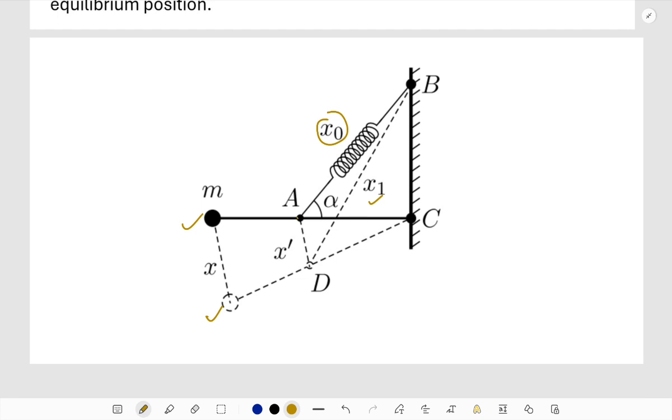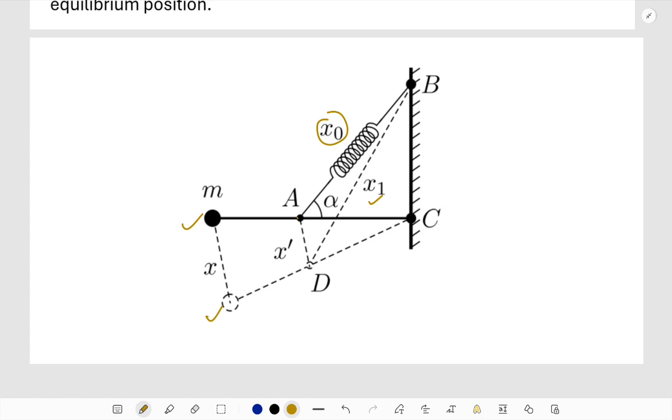We don't need to consider that the spring was initially stretched, because it is the change in length of the spring that causes the force. So the spring will apply a force, and we know this.